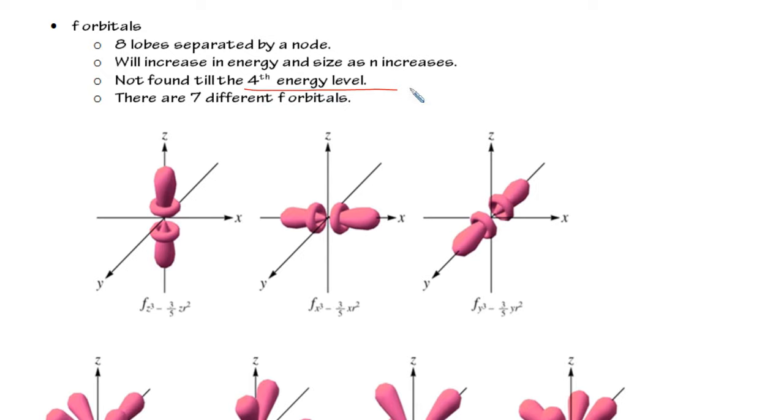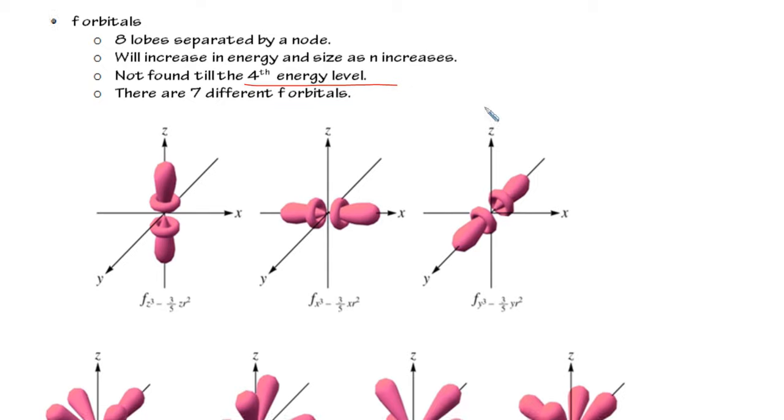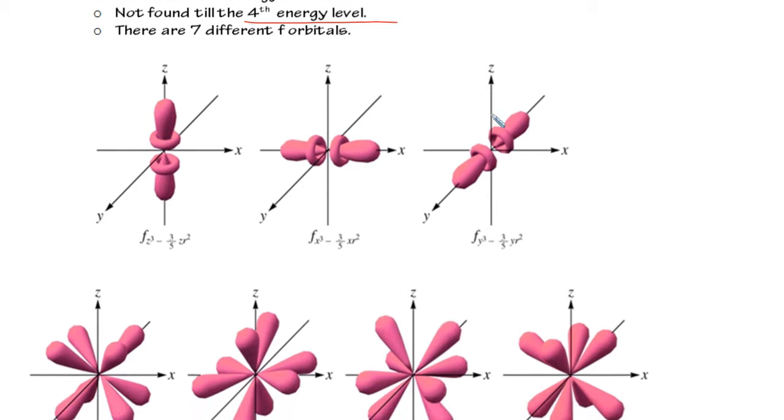And again, they get bigger as n increases. So a 4f orbital would be smaller than a 5f orbital. Same general shape, just on average, a 5f orbital would have electrons that are higher in energy and further from the nucleus. There are 7 of them. Here they are.